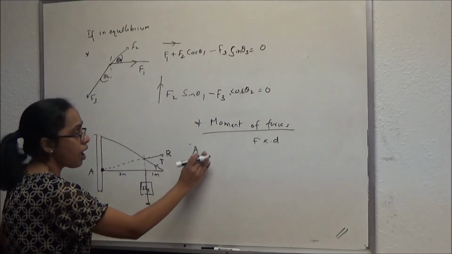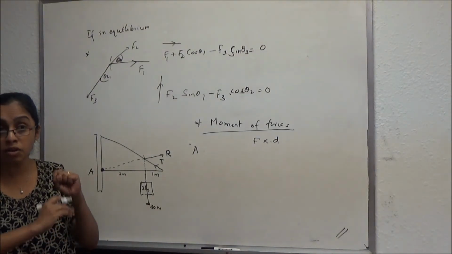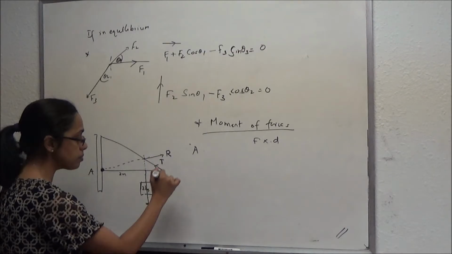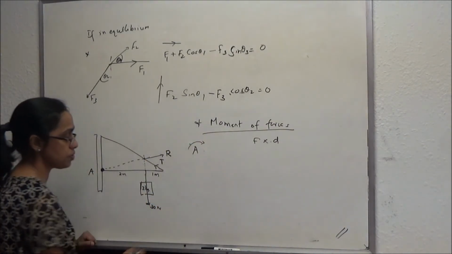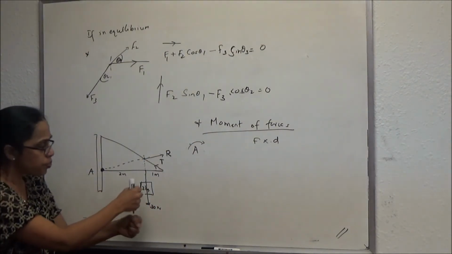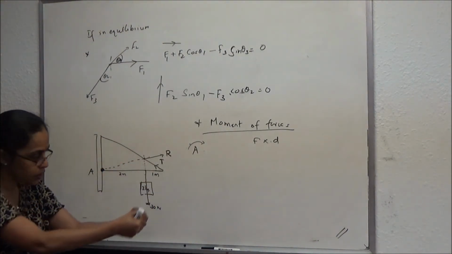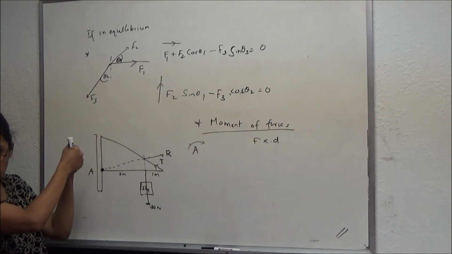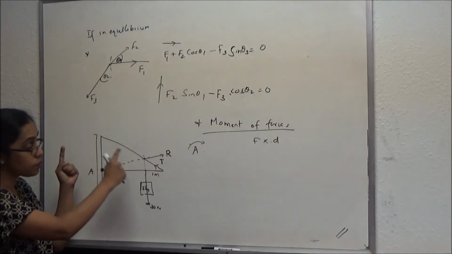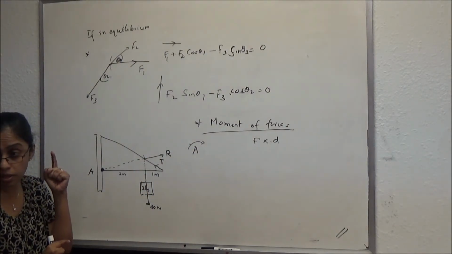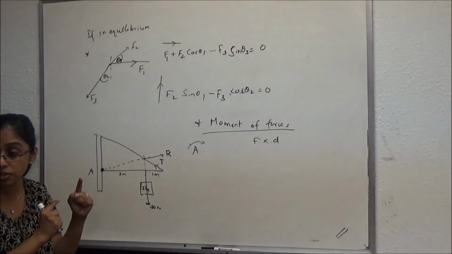So I can decide on a direction, either clockwise or anti-clockwise. So I'm taking an anti-clockwise direction. Now pull 30 Newton towards A. What would it be? It will be in the same direction as the direction I took. So it should be in the positive direction.